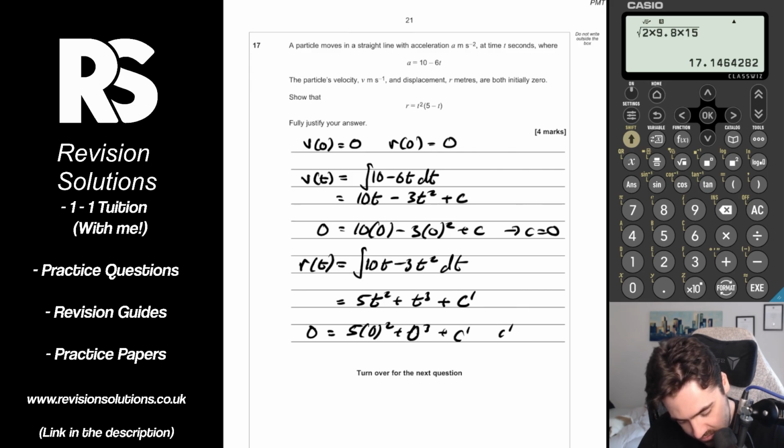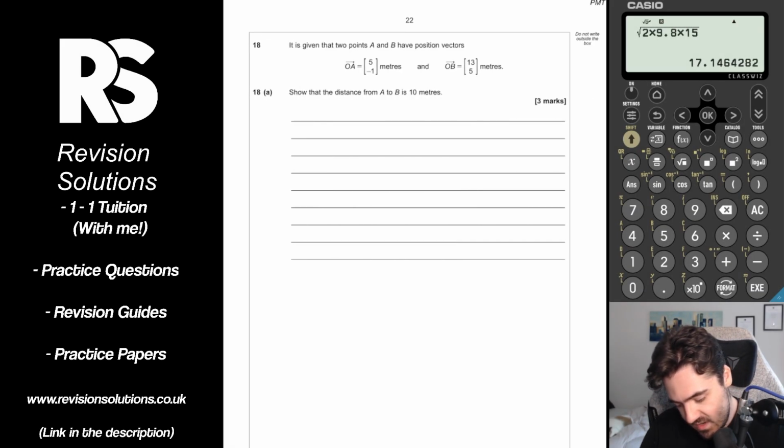So c prime must also be 0, meaning that we can just say that this bit is our function overall. Just realized I've written a minus sign wrong, sorry. So that's a minus there. That doesn't affect our calculation at all. So if we factorize out our t squared, we'd have r of t would be t squared times 5 minus t, like they asked for.